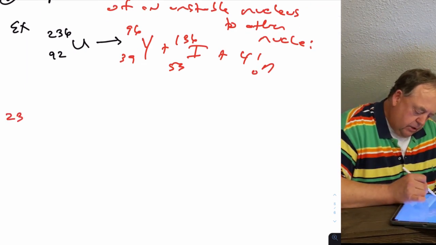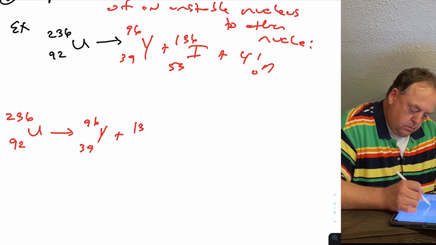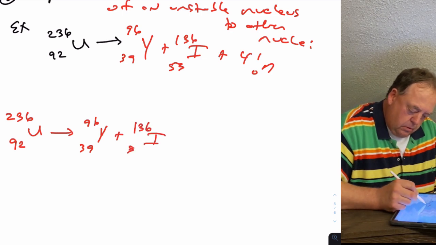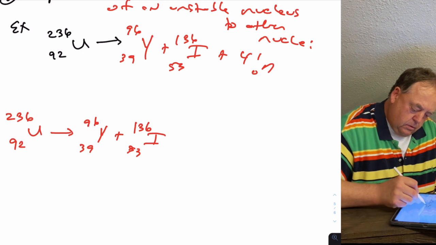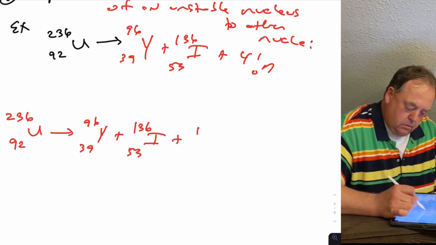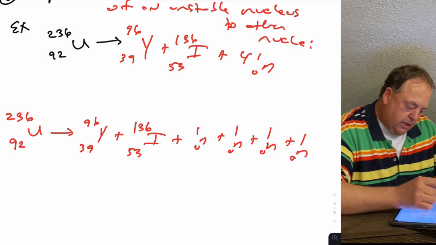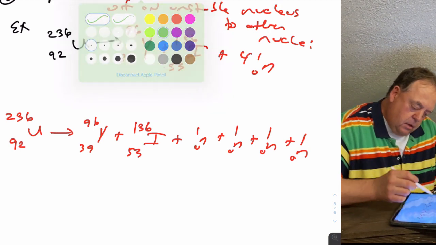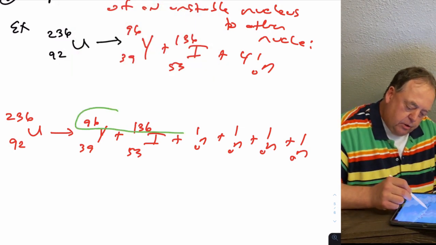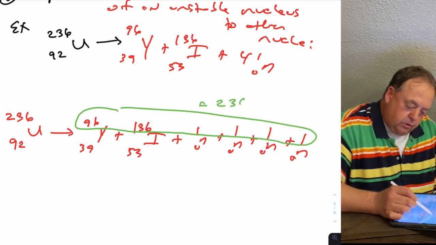So let me just write this again. Just to illustrate that, if you add up all of the superscripts, 96 plus 136 plus 1 plus 1 plus 1 plus 1, you get 236.